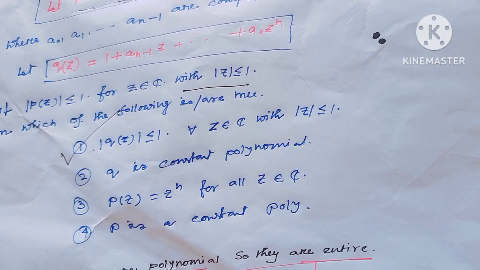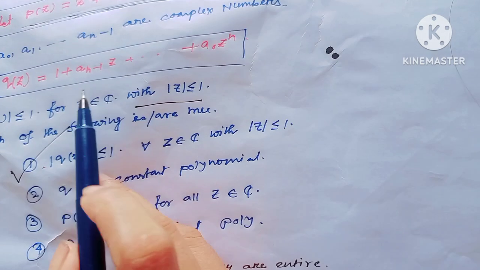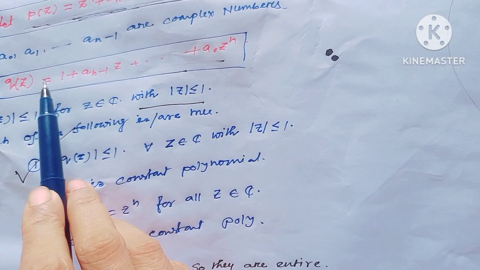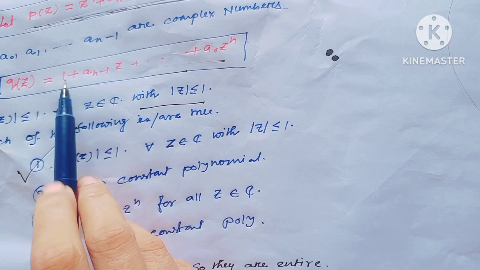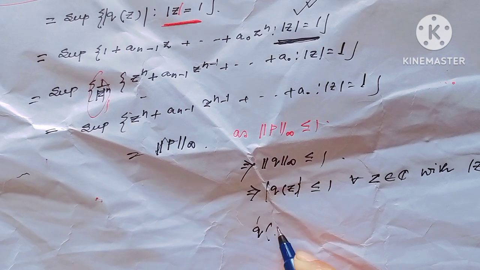Option 2: Q is a constant polynomial. Is it true? The polynomial Q(z) is this, and notice Q(0) equal to 1.